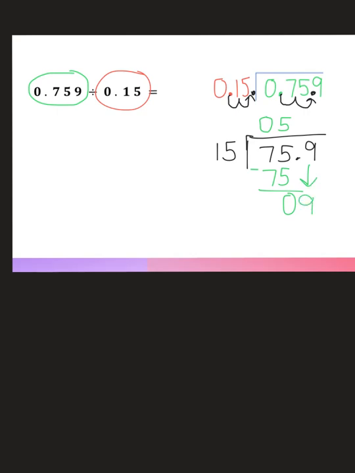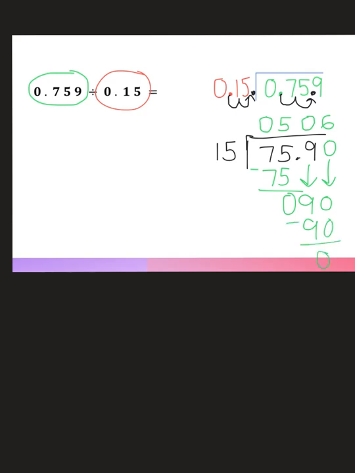15 can't go into 9, so little tricky. I need to add a 0 and drop a 0. So it becomes 90, but I can't forget to put a 0 on top as well. Now, 15 goes into 90 6 times, and 6 times 15 is 90.